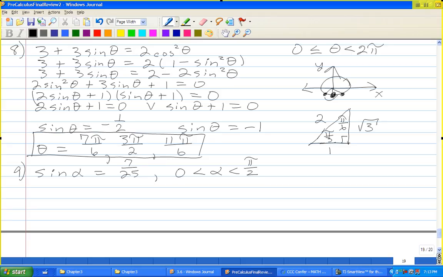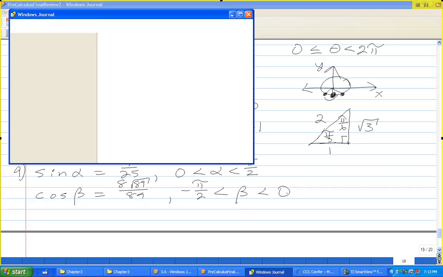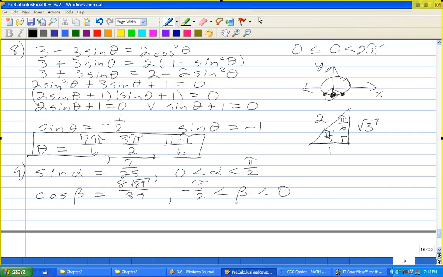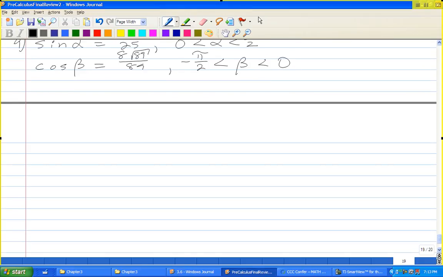Okay, and cosine beta is 8 over rad 89, and beta is in the fourth quadrant. So I want sine of alpha plus beta.